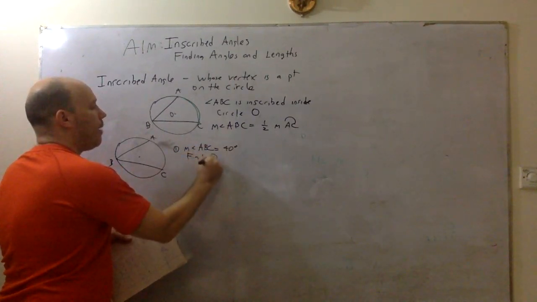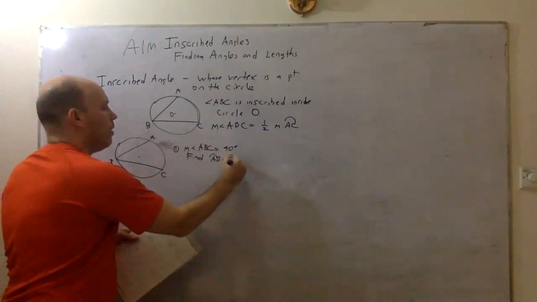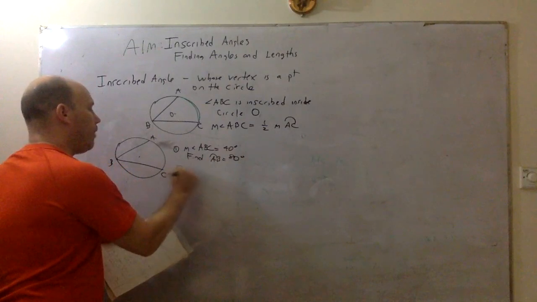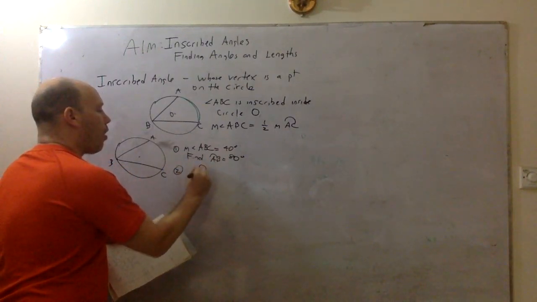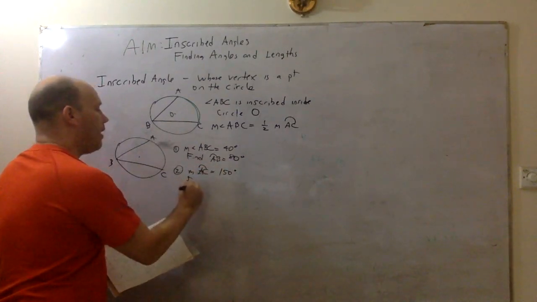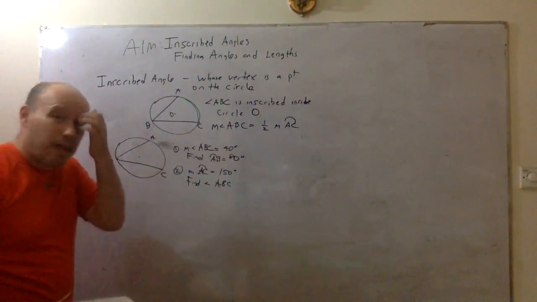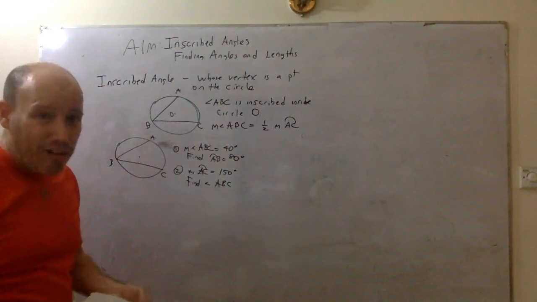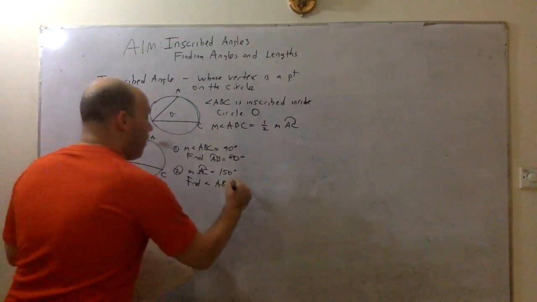Find arc AB. And you say, it's 80. 2, if the measurement of arc AC is 150 degrees, find angle ABC. And you say, that's easy because we just learned that the angle is half the arc. It's half of 150, so it's 75.